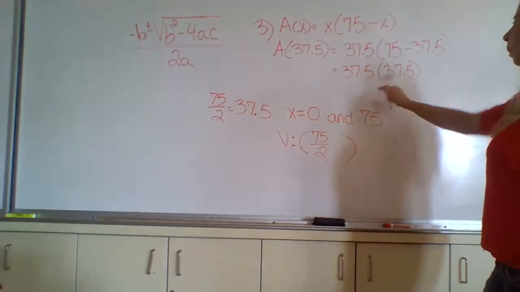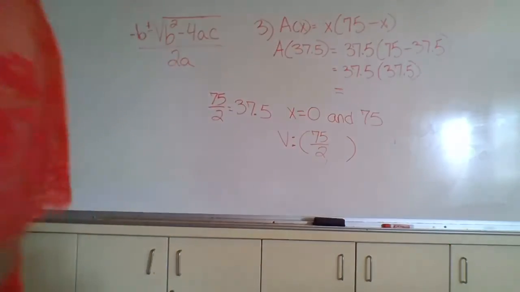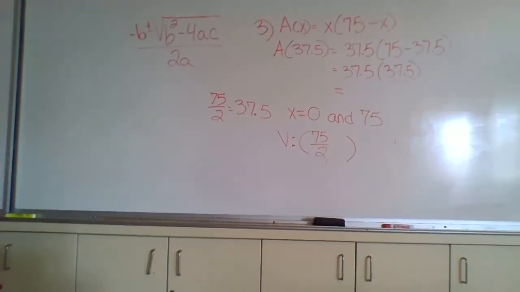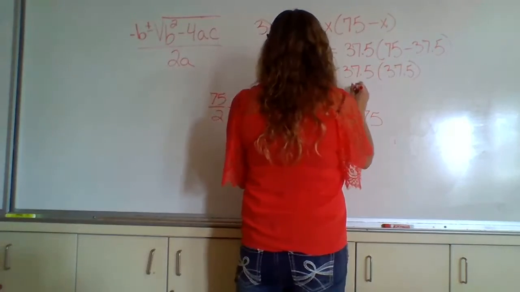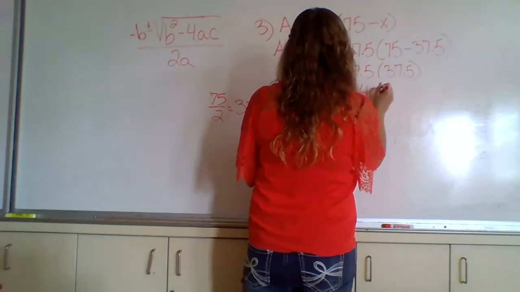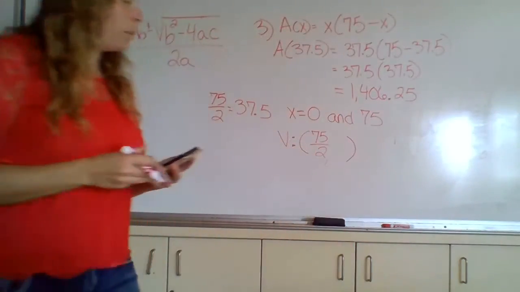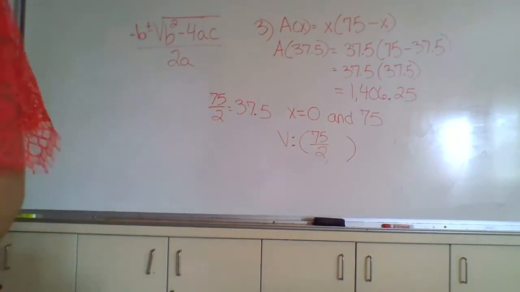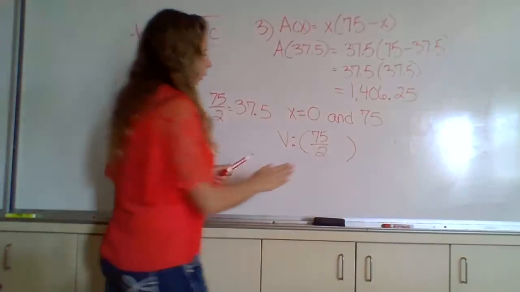And then you would just multiply those together. Which is 37.5. Equals. Boom. 1,406.25. So that is the other point of your vertex.